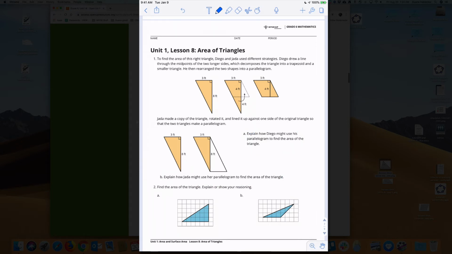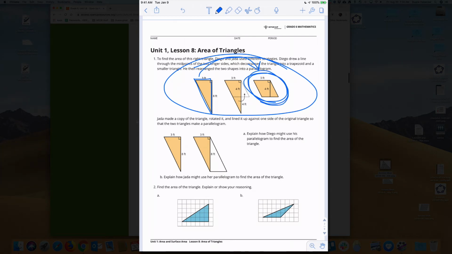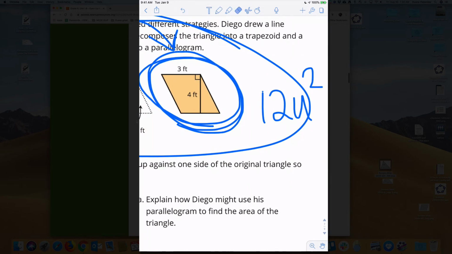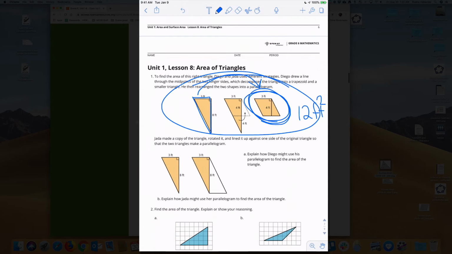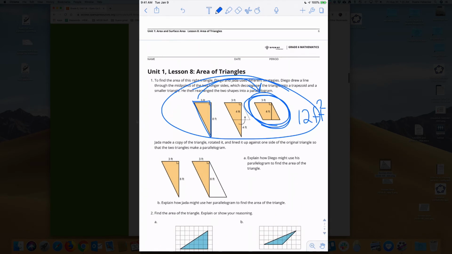Diego took the original triangle and modified it into a parallelogram, and he didn't add any extra area, did he? So his parallelogram is going to give us the area of 12 square units, or I guess it's feet, so it's really 12 square feet. But he doesn't have to do anything with his answer.